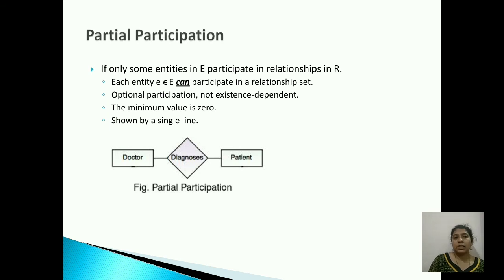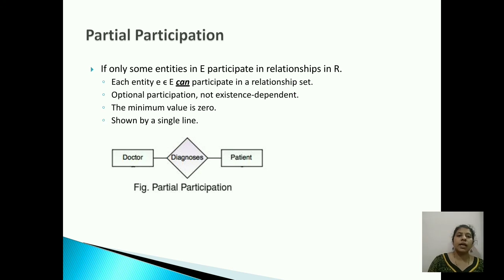It can participate, which means it is not mandatory, it is optional whether all the entities in the entity type participate or not. So the minimum value will be 0. The maximum can be more than 0 also. And it is represented using a single line.